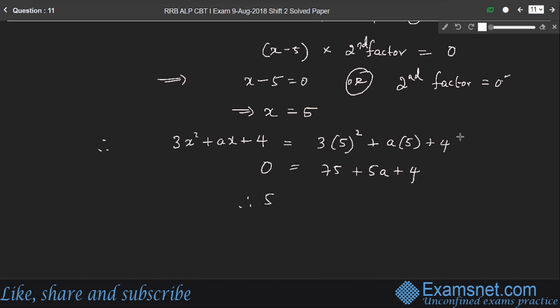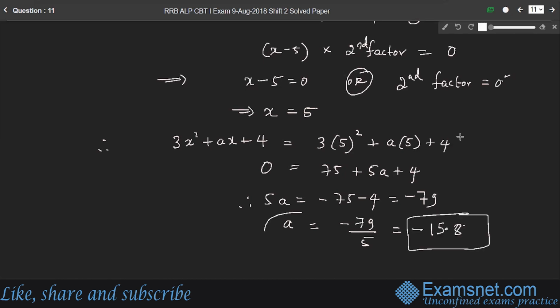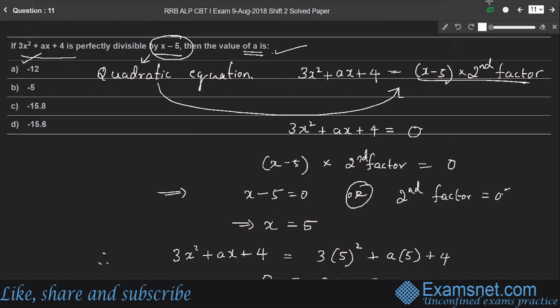Therefore, 5a can be written as minus 75 minus 4, which is minus 79. Therefore, the value of a is minus 79 by 5, which is minus 15.8. Therefore, option C is the right answer.